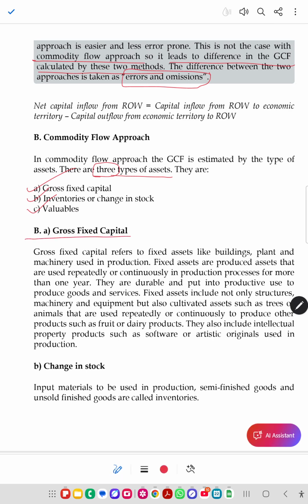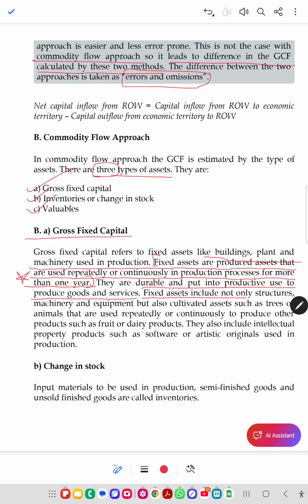Gross fixed capital. Gross fixed capital refers to the fixed assets like building, plant, and machinery used in production. Fixed assets are produced assets that are used repeatedly or continuously in the production process for more than 1 year. This is important. They are durable and put into productive use to produce goods and services.